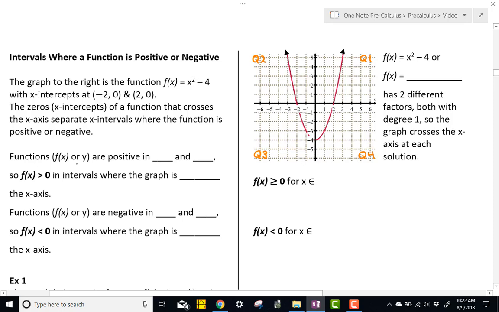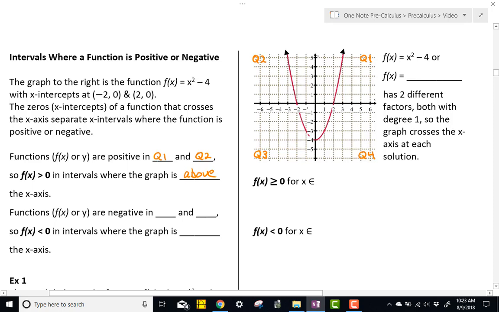And so functions are positive in quadrants 1 and 2, all the y values above the x-axis. So we would say that f of x is greater than 0 in the intervals where the graph is above the x-axis, and we'll talk about what we mean by that word intervals.